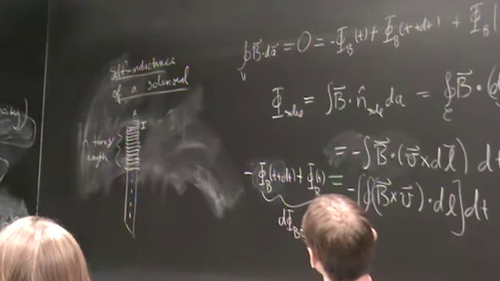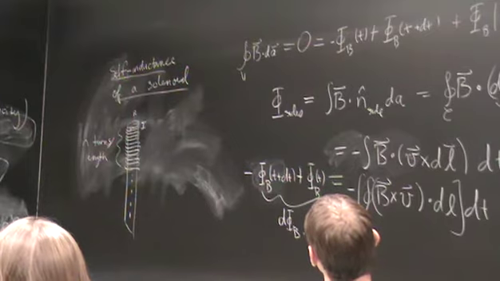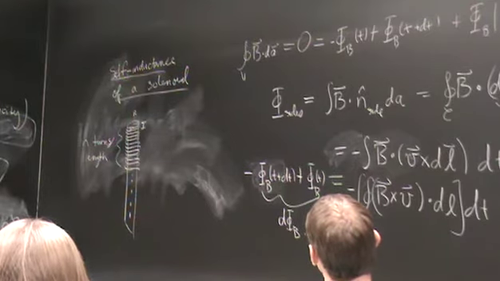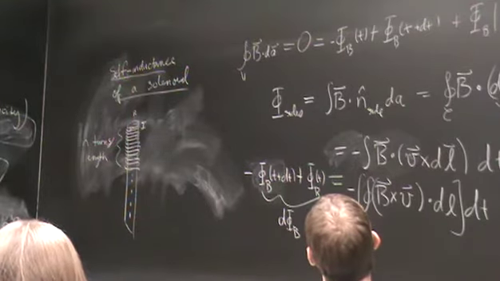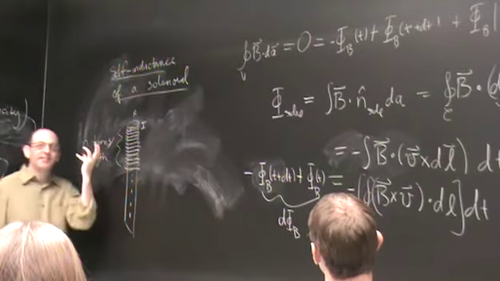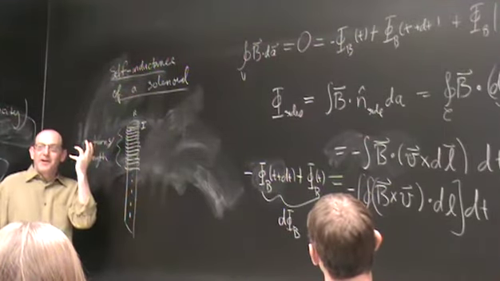So how much magnetic flux is there? What's the B field associated with this current distribution?